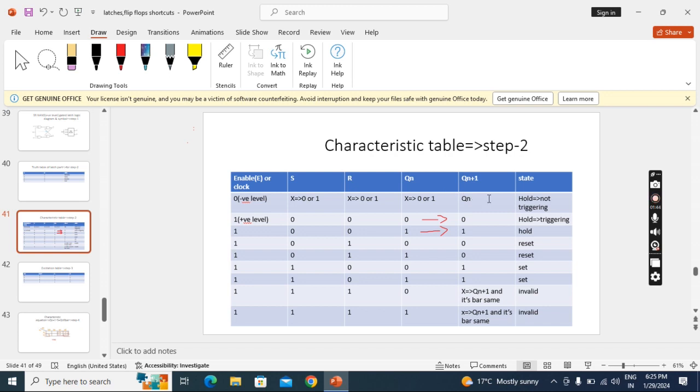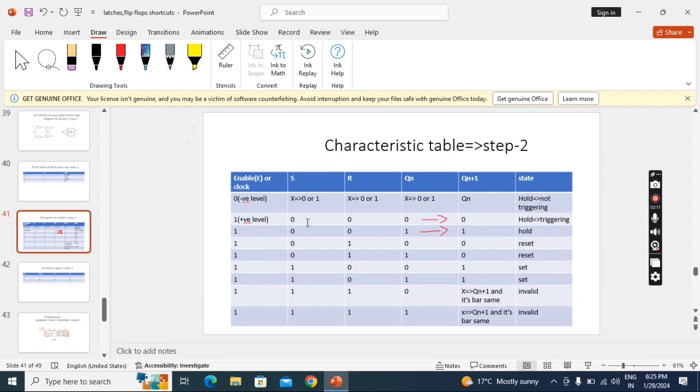In this condition the circuit is not triggering, because a positive level circuit will respond only to positive level, not to negative level. It is not responding; it will stay in its previous state. There is no change in the circuit. That's the meaning.